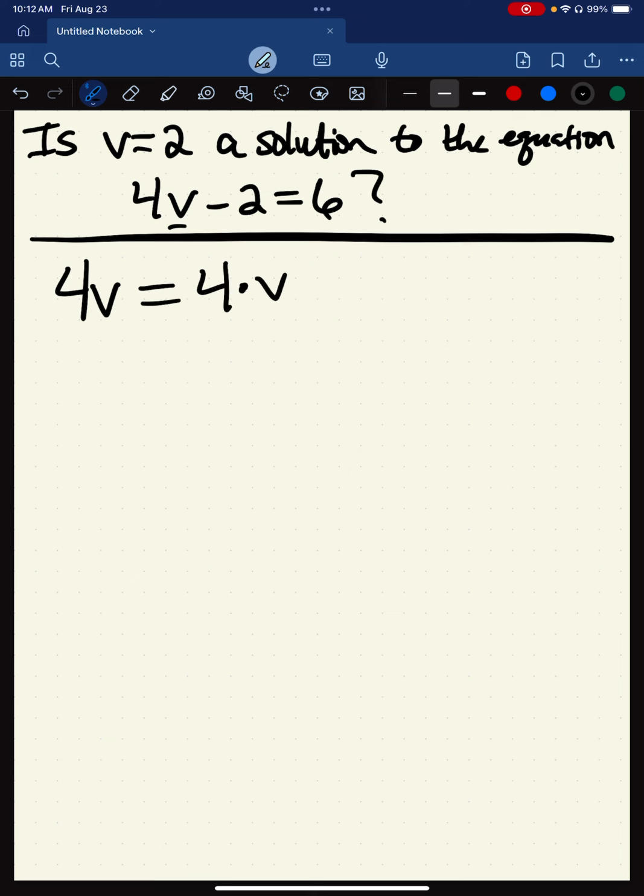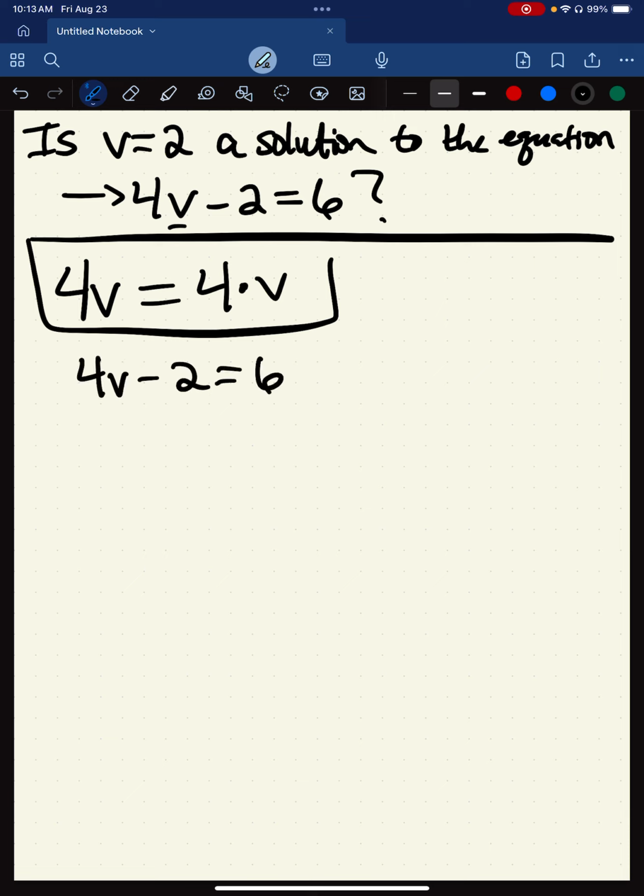So that's our first piece of information, the actual equation itself, and I'm going to put this in a little box: 4v minus 2 is 6. With just the equation, we don't have anything to check, but we have another piece of information, and that is that v is equal to 2.